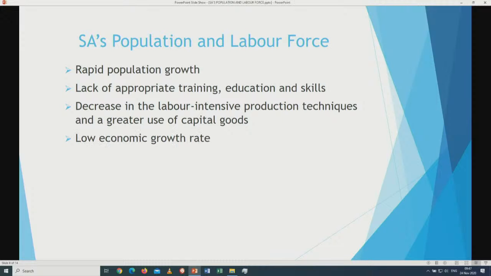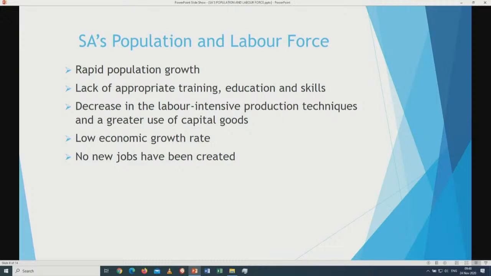Right, I want to finish these factors and then I will take a break and then we'll come back and continue. Low economic growth rate is another factor that results in a high unemployment rate. When the economy is not growing, when the population is increasing, we are bound to have the level of our unemployment increasing.